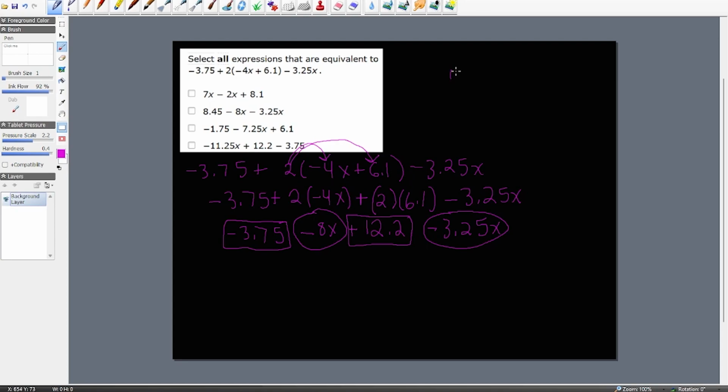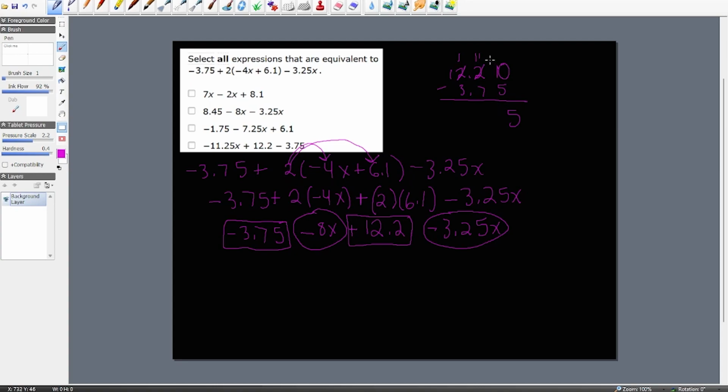12.2 minus 3.75. Notice how I align the decimals, and I'm going to add a 0 here. We have 0 minus 5, going to need to borrow. 10 minus 5 is 5. 1 minus 7, we're going to need to borrow.